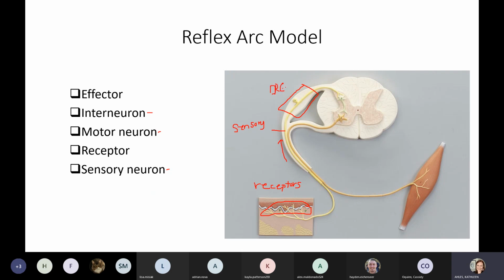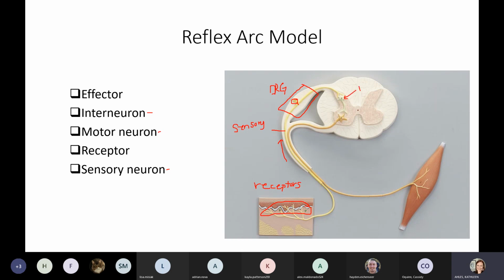Dorsal root ganglion, DRG. The reason I have it is because of the cell bodies of the sensory neurons. We put all kinds of sensory neuron cell bodies here. That's why we've got that bump. So the sensory neuron cell bodies are here in the dorsal root ganglion, and that information comes into the spinal cord.